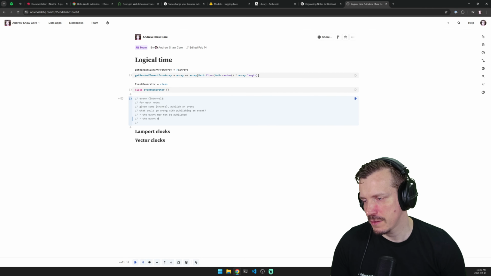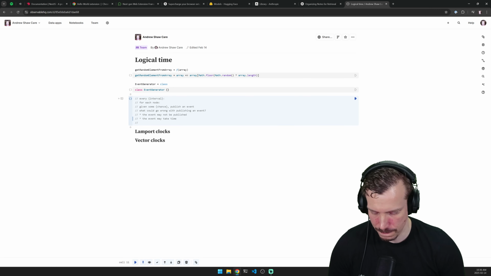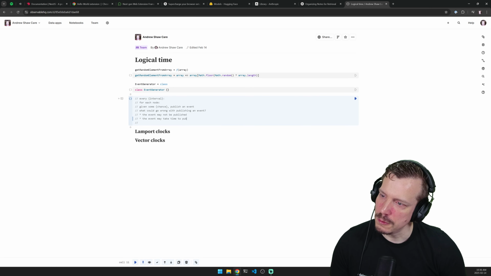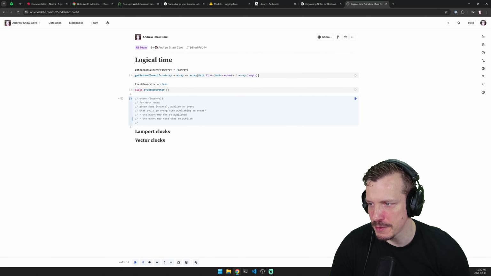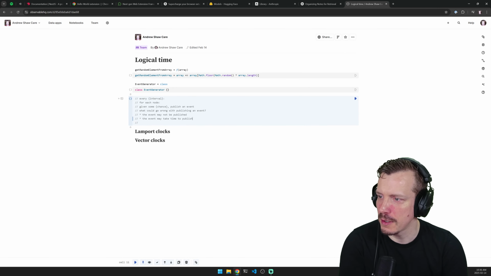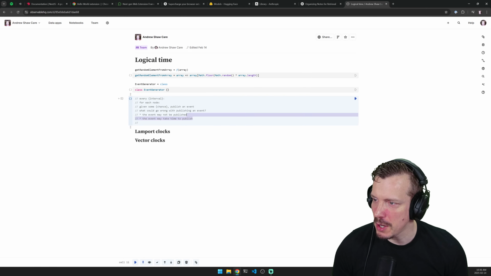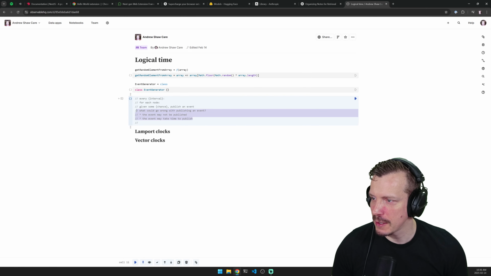The event may take time to publish. The node... So I don't want to get into too many of these details, I suppose, because there's a lot of things that could go wrong. And maybe I'll just model this out and think through it later.